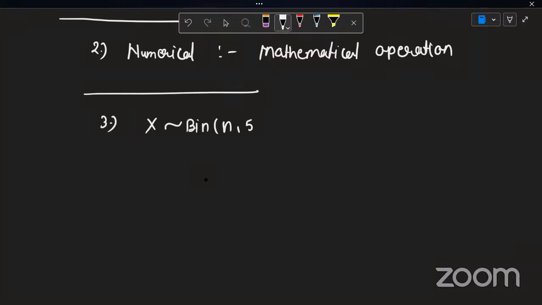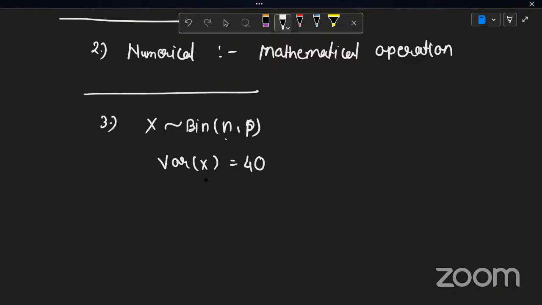So X is following a binomial distribution with n constant and p variable, and the variance of X is 40.